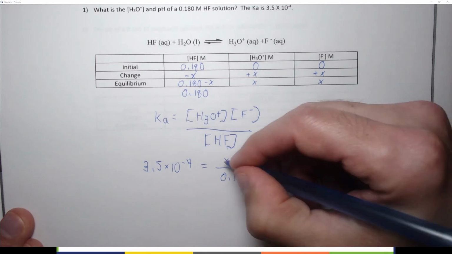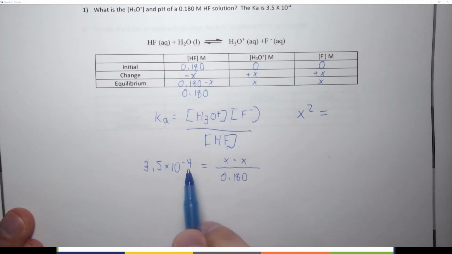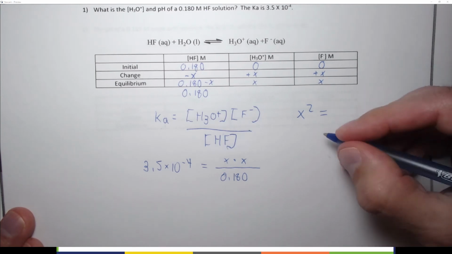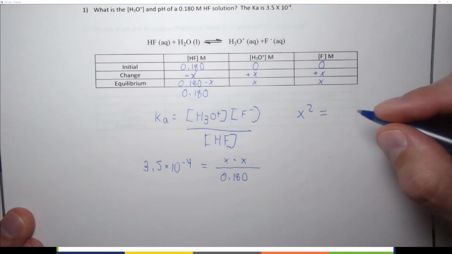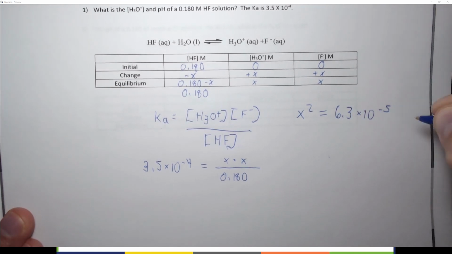Cross multiply and combine the x's, so x squared equals 3.5 times 10 to the minus 4 times 0.180, which is equal to 6.3 times 10 to the minus 5.